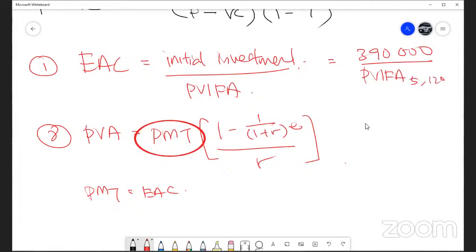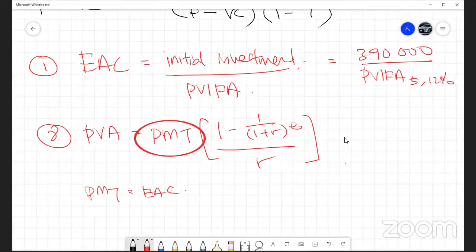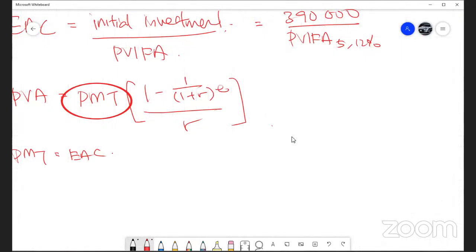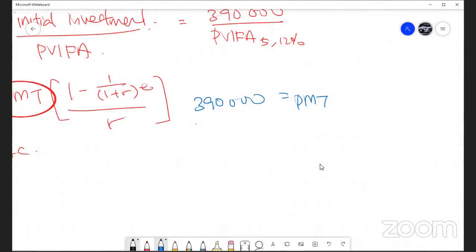For the second method, your PVA is 390,000 equals PMT unknown multiplied by 1 minus 1 over 1 plus R, where R is 0.12, to the power of T, which is 5 years, divided by 0.12.